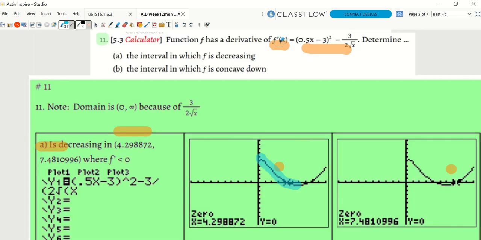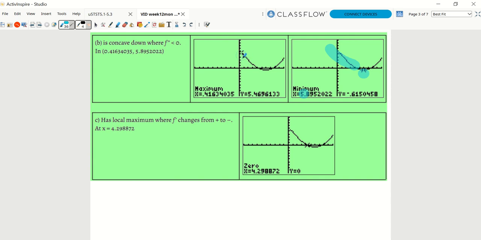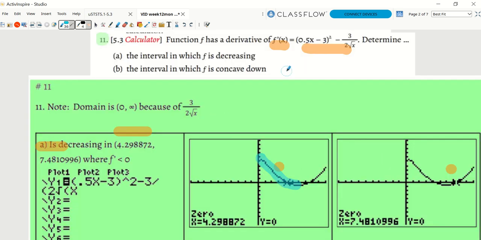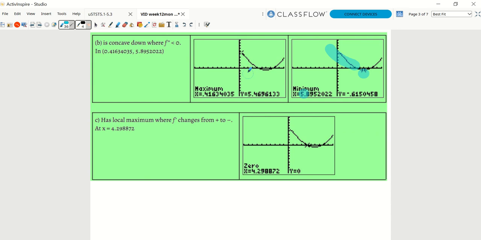Because this is the graph of f of x, the farthest left it goes is 0.41. If you go on Desmos you can even zoom in on it, but they just scrolled all the way to, or found the maximum, did second trace to access calc, and then did maximum.